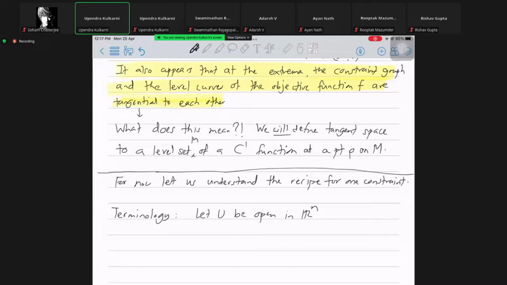So the terminology is the following. I have an open set, and now I have two functions. f is a function from U to R, which is the objective function. And h is also a function from U to R, which is the constraint.